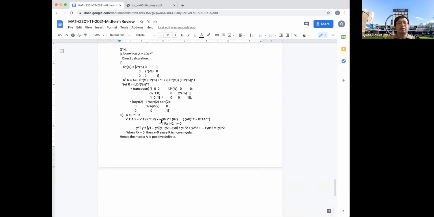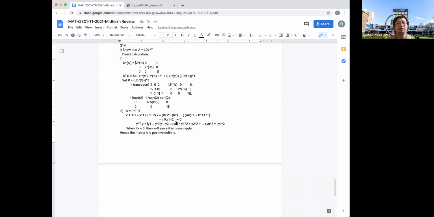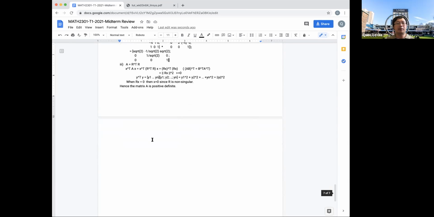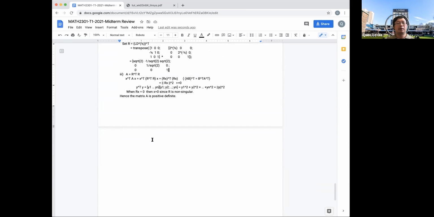Now (RX) transpose RX becomes the squared two-norm of RX, so it has to be greater than or equal to 0. When RX equals 0, because the matrix R is non-singular, X has to equal 0. Therefore the matrix is positive definite.